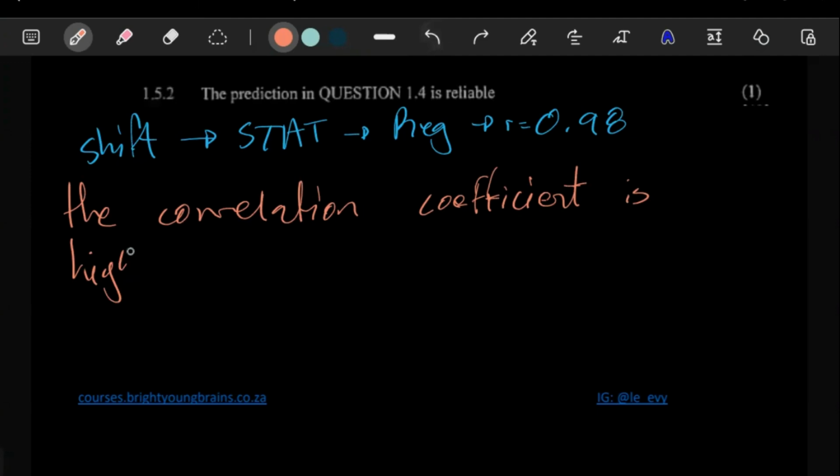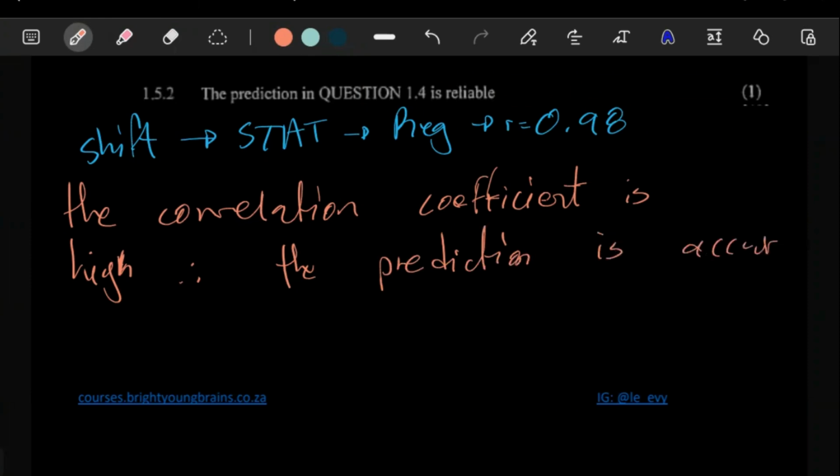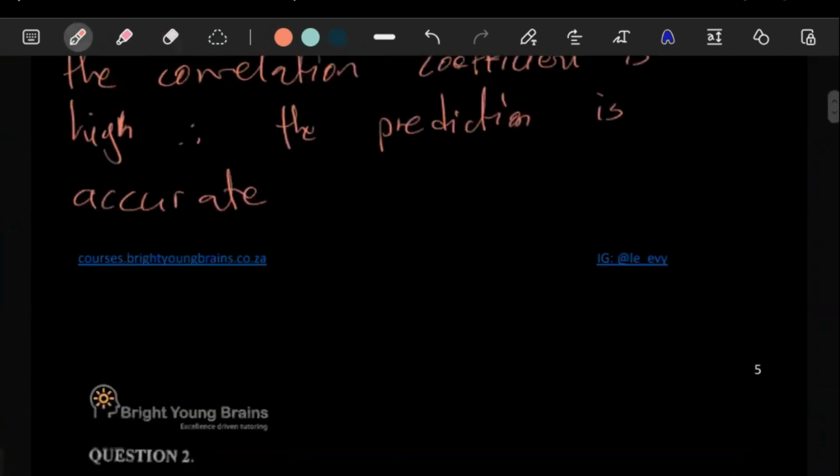You see, correlation coefficient is high, therefore the prediction is accurate. There we go. Therefore the prediction is accurate. Whew. Moving on to the next question.